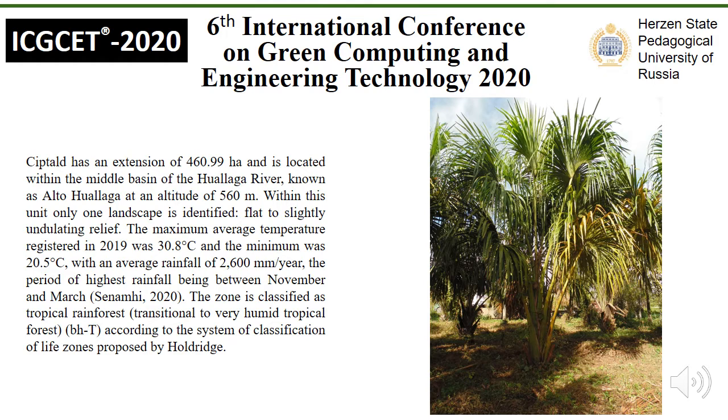560 meters. Within this, the landscape is identified by slightly undulating relief. The maximum average temperature registered in 2019 was 30.0 degrees Celsius and the minimum was 20.5 degrees Celsius, with an average rainfall of 2,600 millimeters per year, the period of highest rainfall being between November and March.